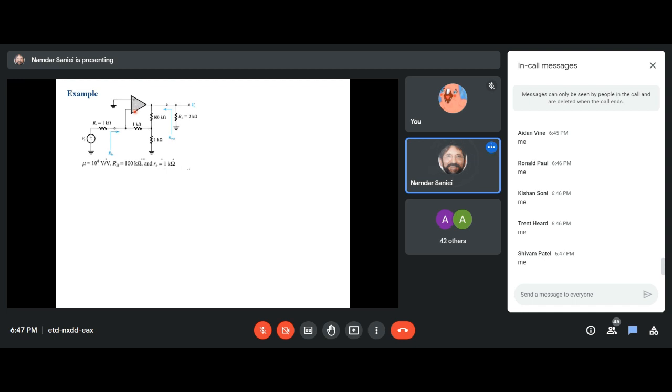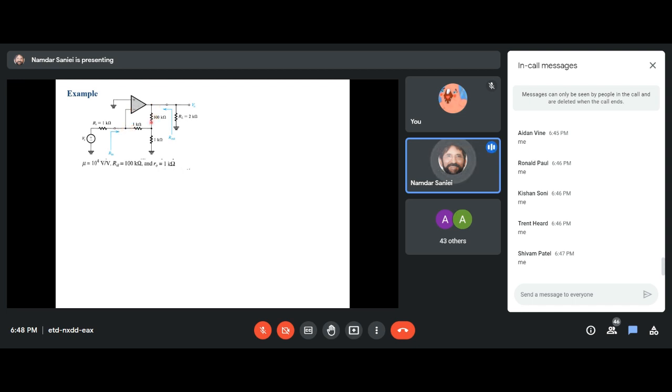Okay. Now, first we need to identify a loop, and here it is. This is a loop which connects the output to one of the inputs. Okay. So here it is. A loop. What is it connecting? It's connecting the voltage on the output, so it's shunt, to a node at the input.